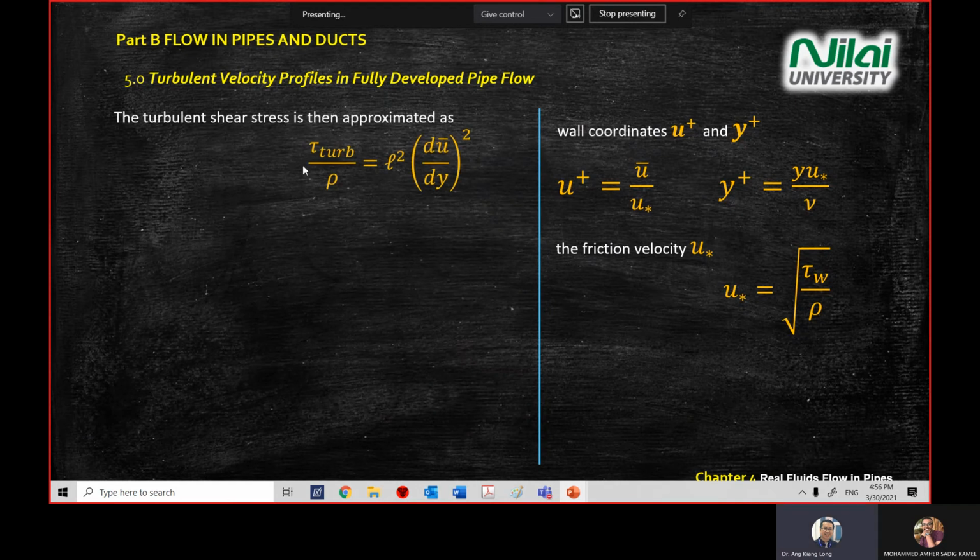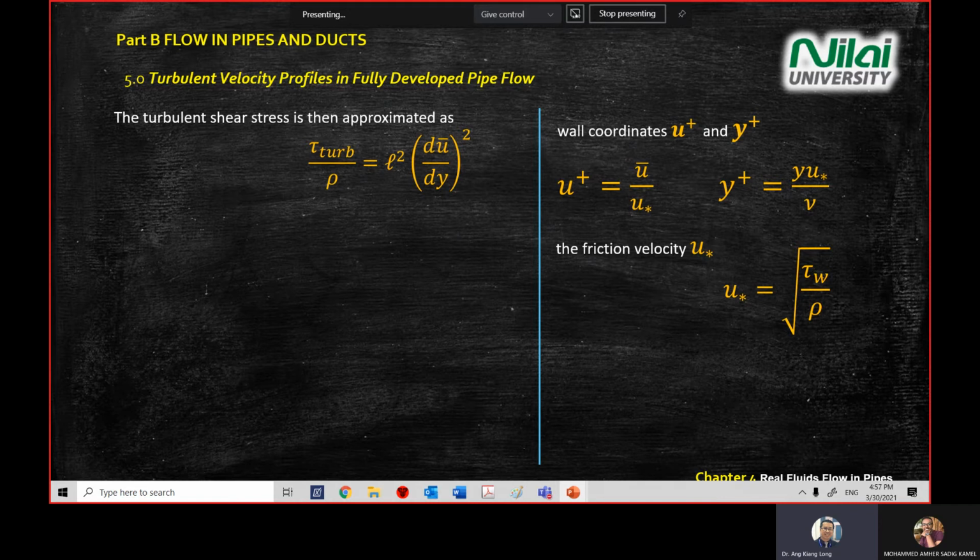And just now, recall that we have an equation for the turbulent shear divided by density equal to L squared times du over dy squared. Don't worry about all these equations, just try to follow along.